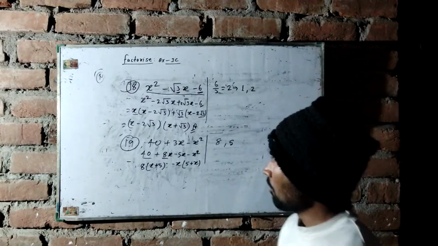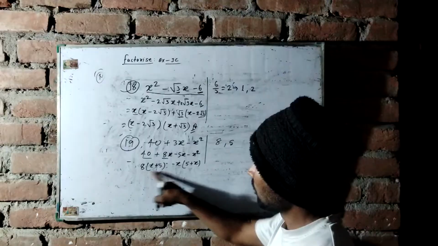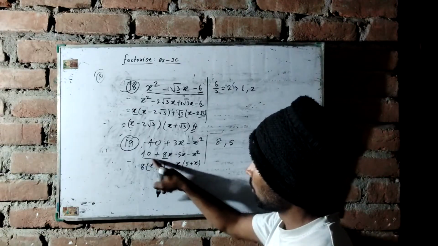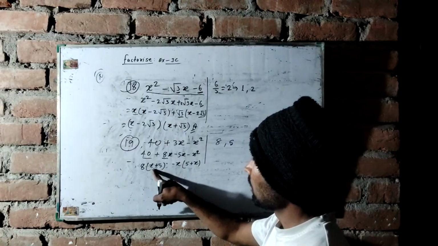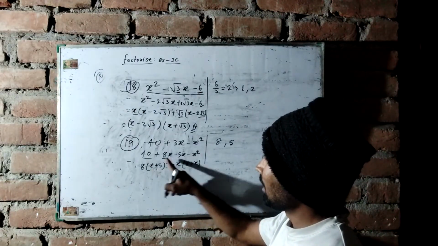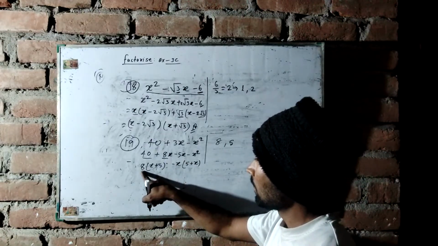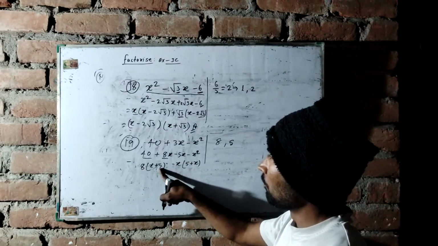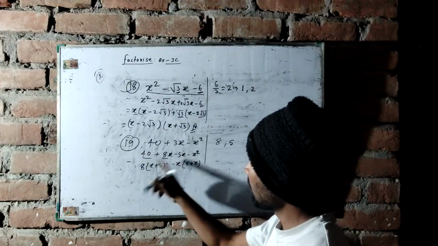Okay, now you can see here, after multiplying this you can get this, because if you multiply 8 with x you will get 8x as a product, and if you multiply 8 with 5 you will get 40 as a product. So this polynomial can be written as this.